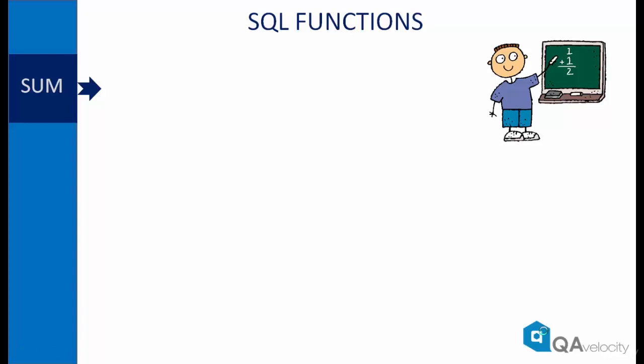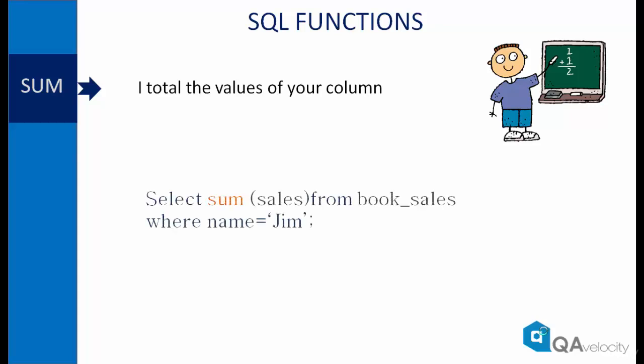And SQL allows the user to perform mathematical operations while fetching the records. Now this can be done using the sum function. So the SQL sum function totals the values of your column. If we see the query: select sum of sales amount from book_sales table where name equal to Jim.